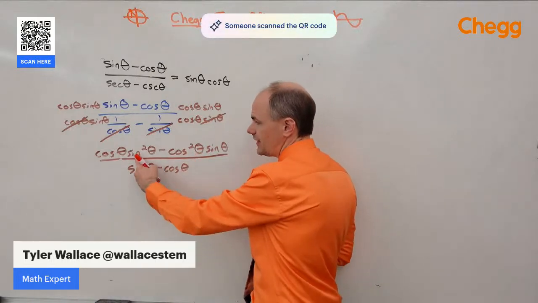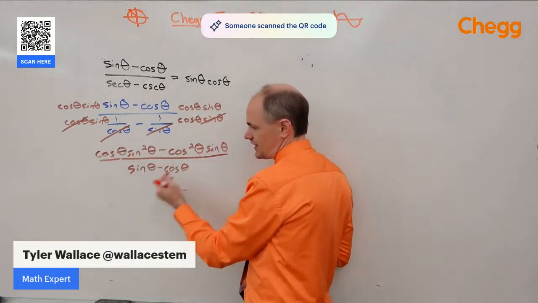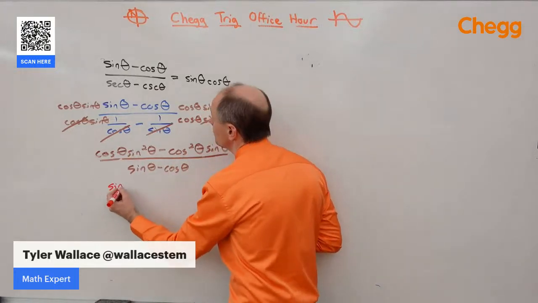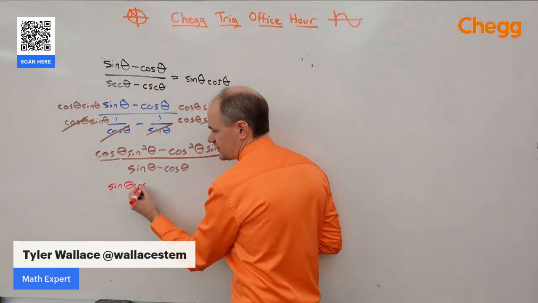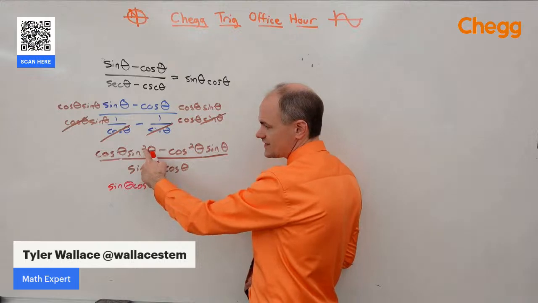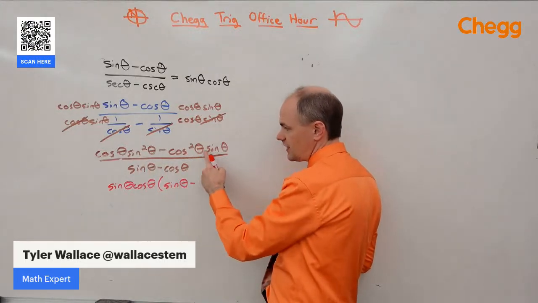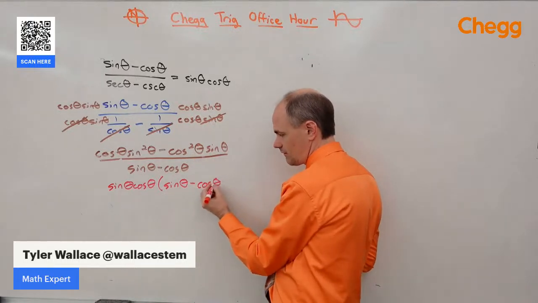So I need to look at this numerator. What is the common factor I see? Well, they both have a sine and a cosine. So let's factor out sine cosine. When I factor that out, the cosine's gone, one sine is gone, there's one sine left. Cosine's gone, but there's one cosine left.